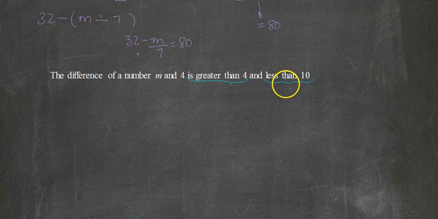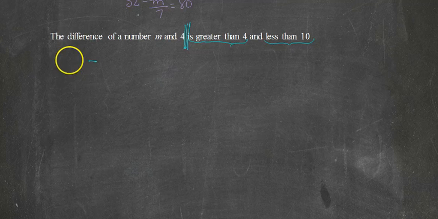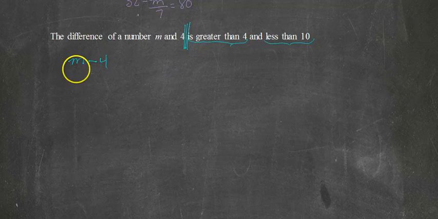But let's not even worry about that part yet. Let's just worry about this side, because I think we can work with that side and worry about the other side next. So the difference, done, of a number m and 4. That part's done. m minus 4 is greater than 4, that means this is bigger than 4.